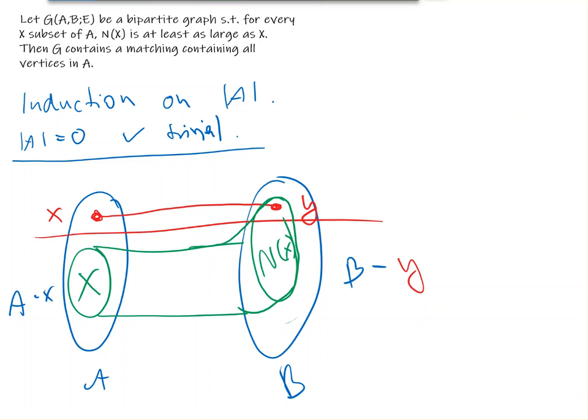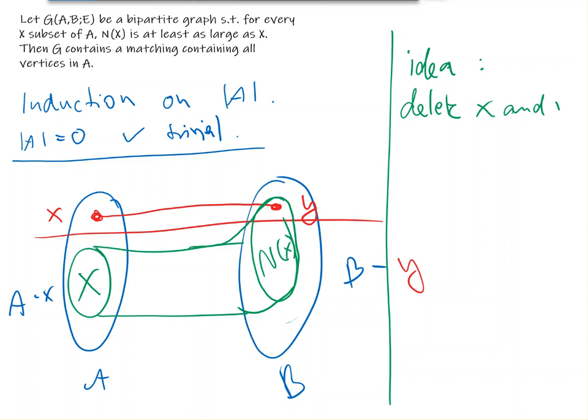So to write this down, the idea: delete x and y, and we get a graph G prime, on A minus x and B minus y.